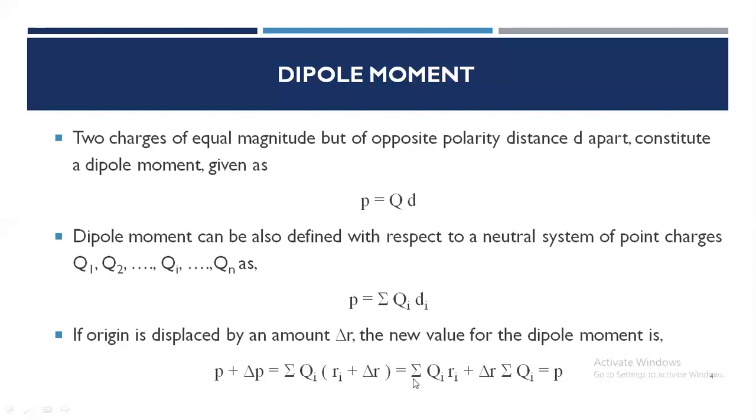If you take a separate summation by multiplying with qi inside this bracket, we get the summation of qi ri plus delta r, a constant change value, times the summation of qi, which gives the total dipole moment. The dielectric properties basically involve the creation of displacement in the dielectric materials by an applied electric field.